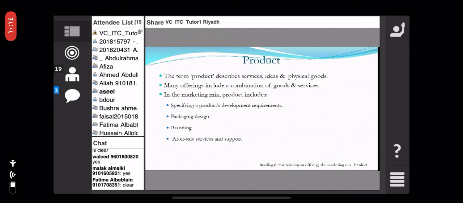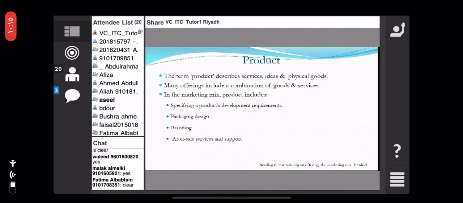So when we say the term product describes services, ideas, and physical goods, it could be different. If you are going to buy a product from a restaurant, at the same time they are providing two things: services plus physical goods.